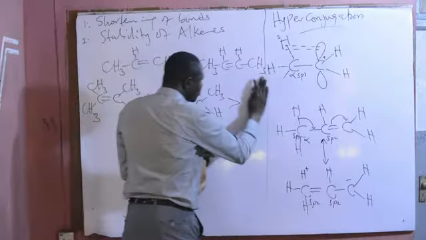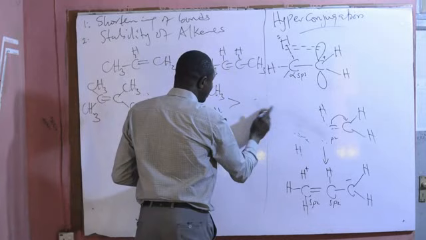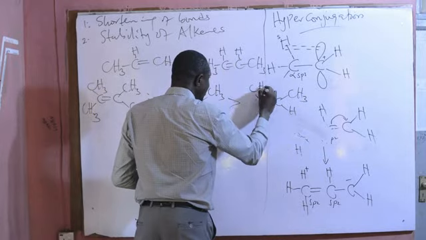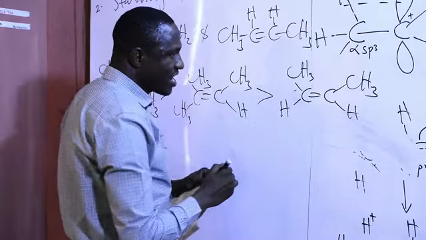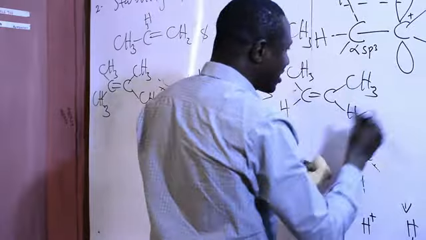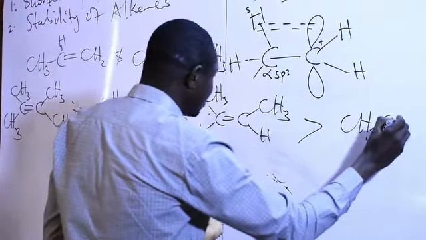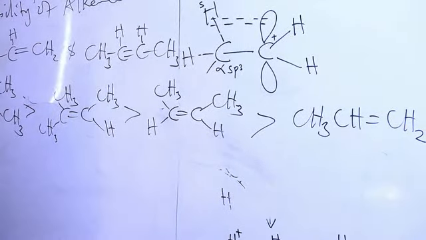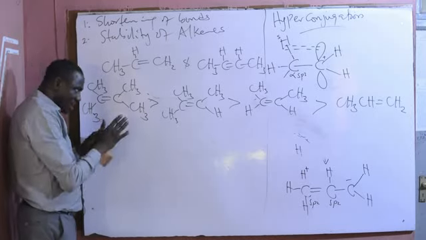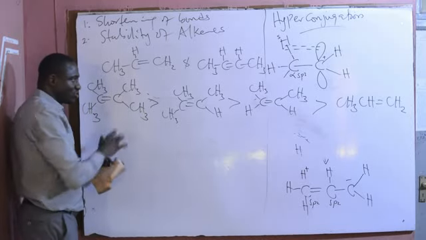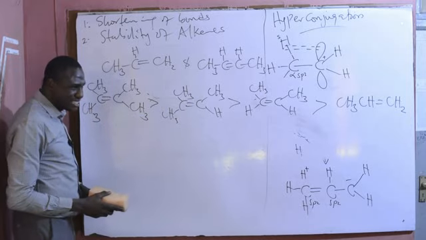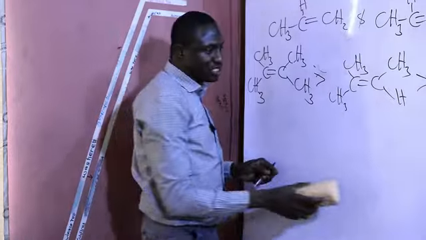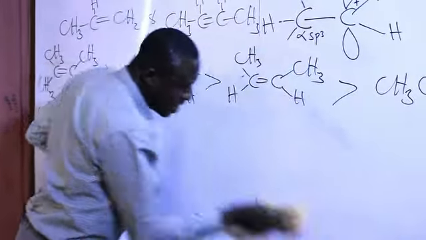This is again more stable than when you have C double bond C, CH3, hydrogen, CH3, hydrogen. And that is more stable than when you have an alkene of this type, CH3, CH double bond CH2. So the higher the number of alpha hydrogens, or alpha carbons with alpha hydrogens attached to the double bond, the more stable the alkene. So hyperconjugation, from this demonstration, can be used to explain the stability of alkenes.